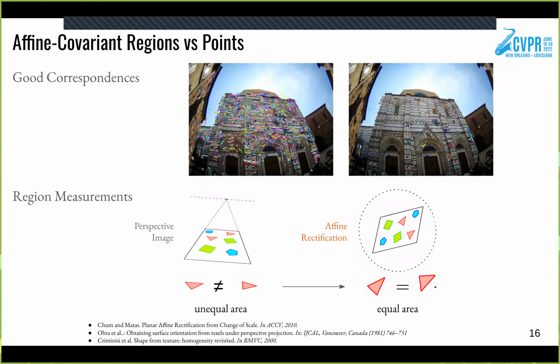Also, for some of the solvers that I will present, it's not enough to have just point correspondence. We need region correspondences. Here I show a motivating example in a perspective image.